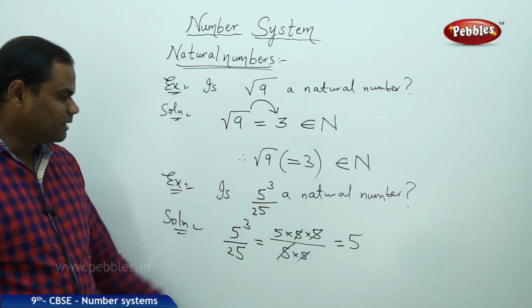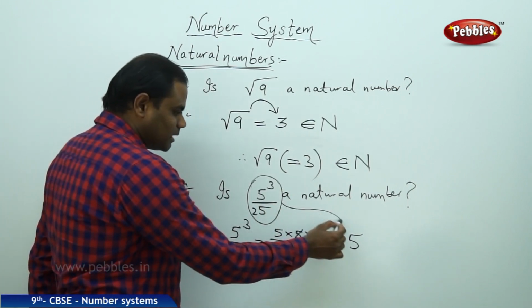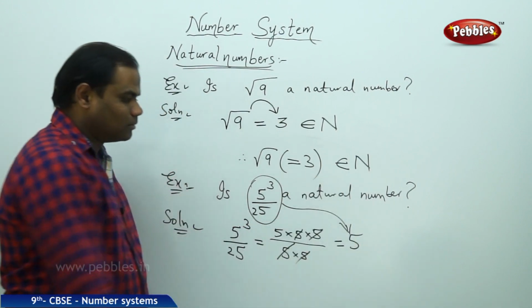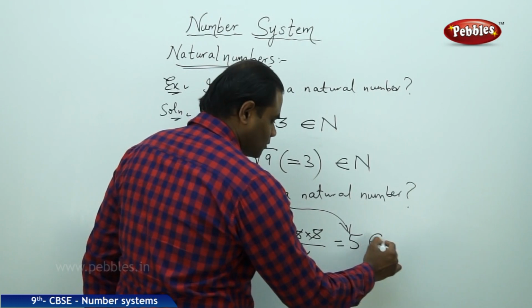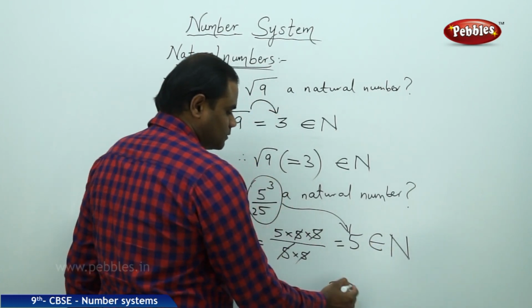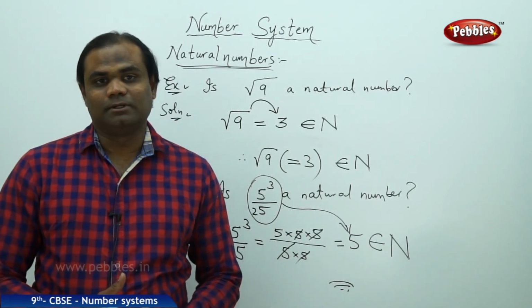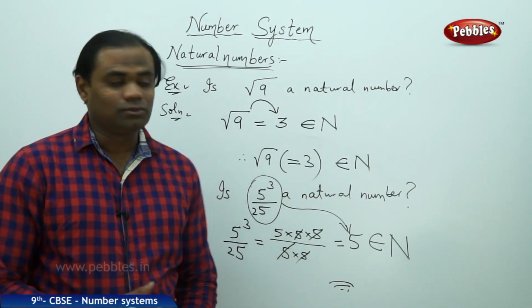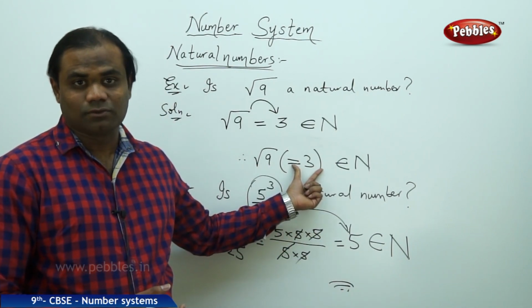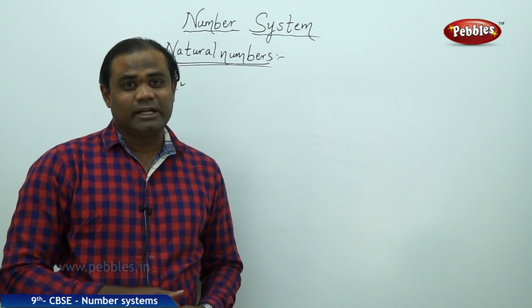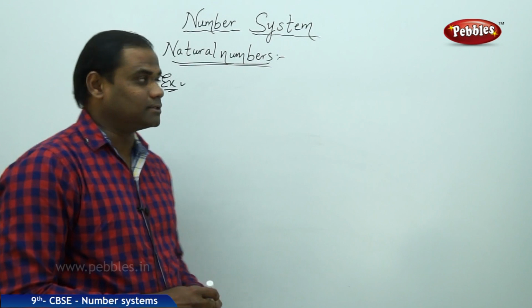That clearly makes me understand that the given question, 5 cubed by 25, is nothing but the simplified form of 5, and this we all know belongs to natural numbers. Therefore, 5 cubed by 25 is a natural number, is how we justify through the most simplified form. Next, let's go with another example to understand the natural numbers better.